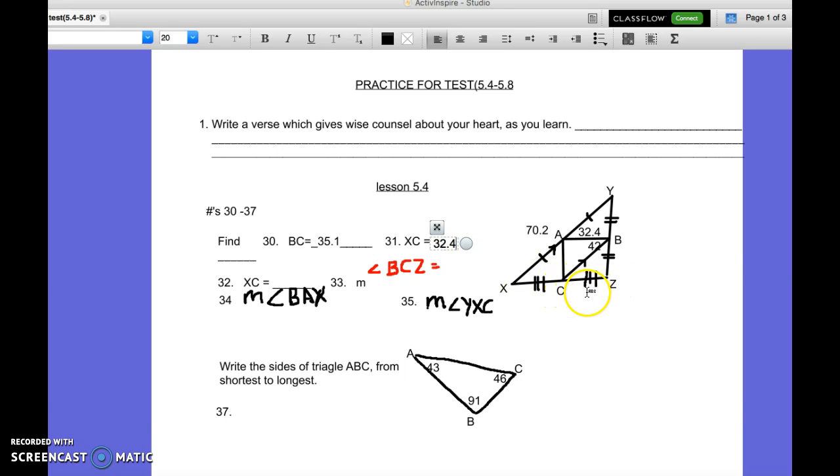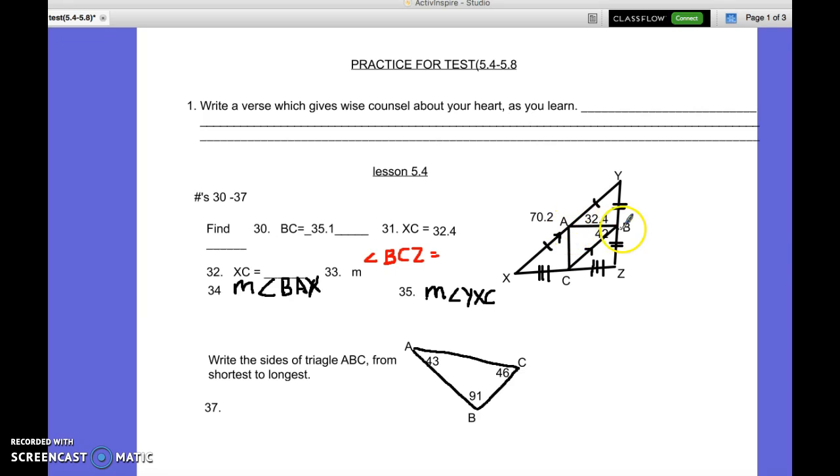In addition, I should say that AB is parallel to XZ. So I can actually put a double arc here on there. And it's parallel to the third side here. The mid-segments are always parallel to the third sides.